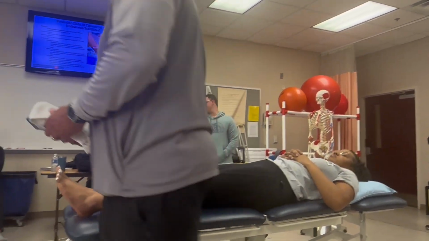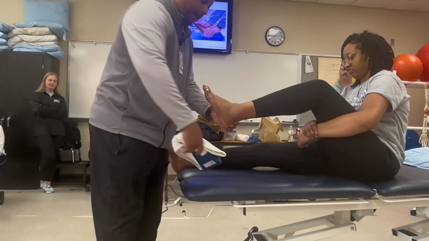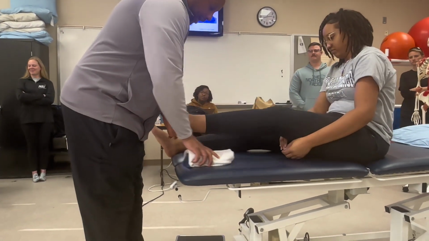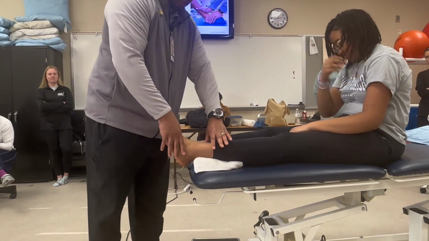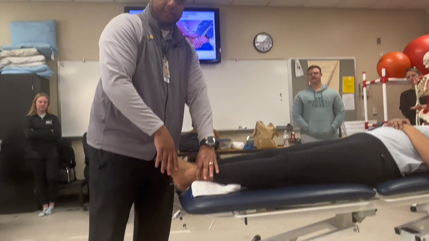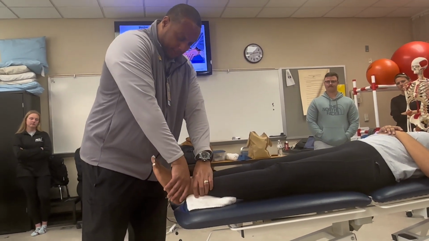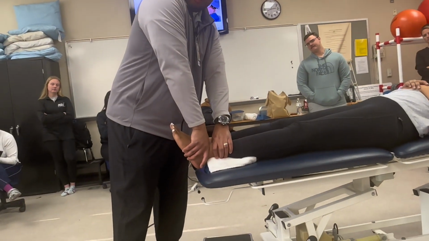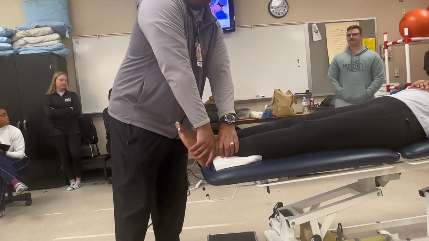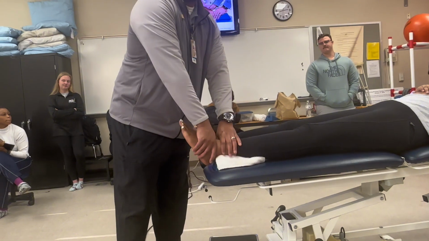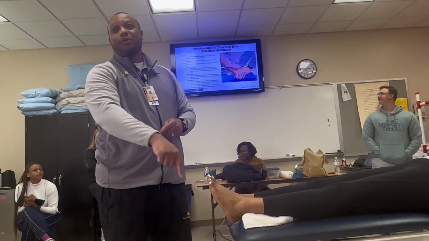Okay. So let's go back and recap. When I did the posterior glide like so, now I'm stabilizing the portion that's concave, and I'm mobilizing the convexity on the concavity, the talus convexity on the concavity. So now my limiting restrictions are going to be in the direction that I'm moving.